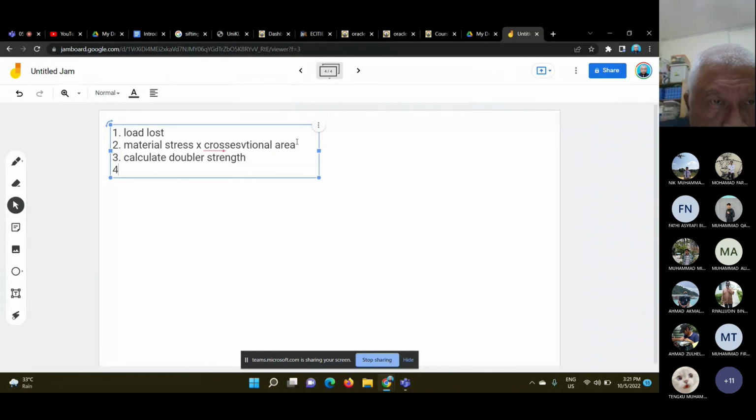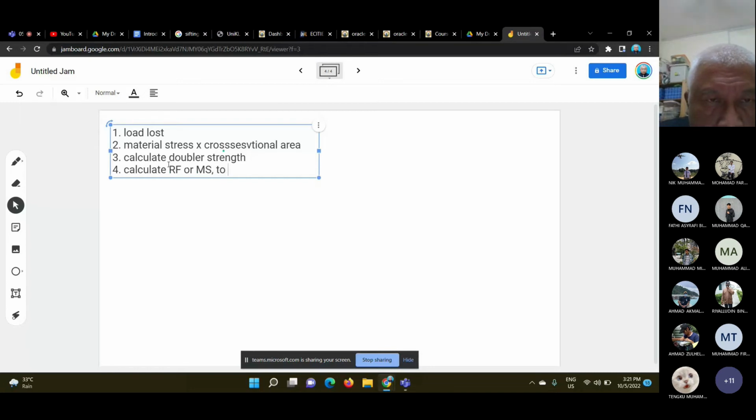Step 4, calculate the reserve factor or margin of safety. Why?